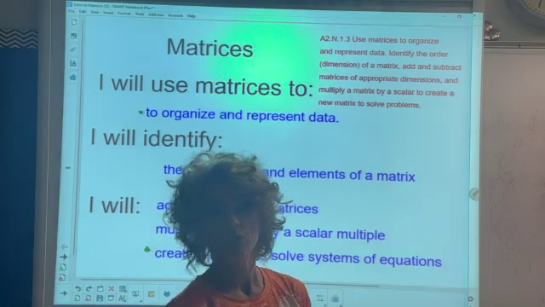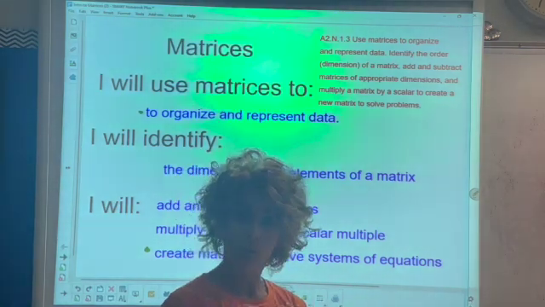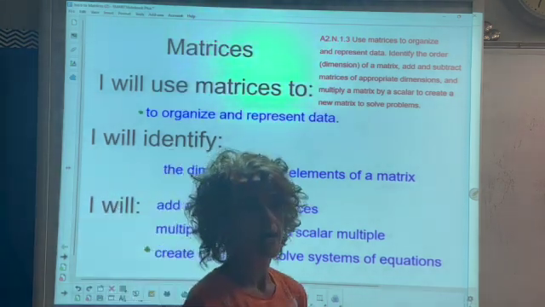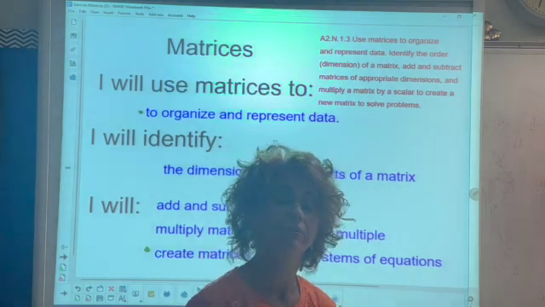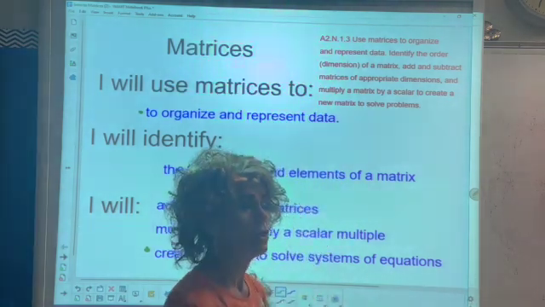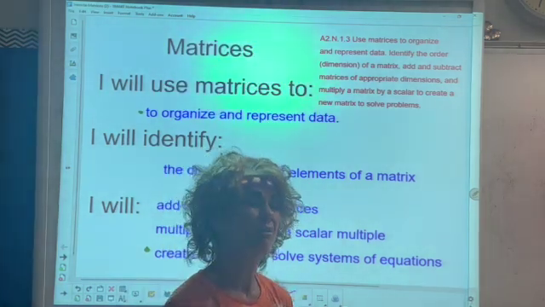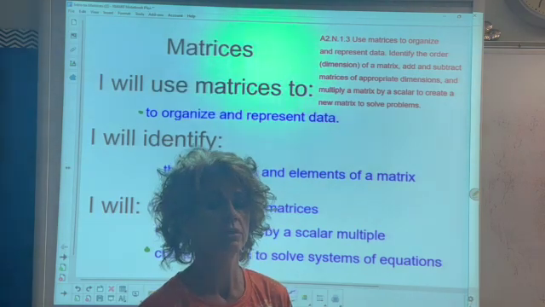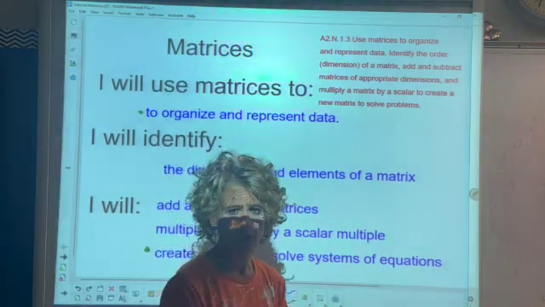If you do not have a calculator where we will create matrices, organize and represent data, it's going to take us quite a while to solve the matrix system, because lately we've been solving systems with just two variables, x and y, but pretty soon we're going to get 3 variables, maybe even more. So it is important that you do be able to have a graphing calculator.